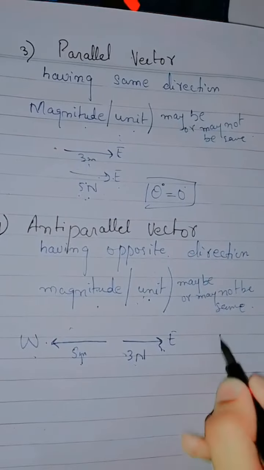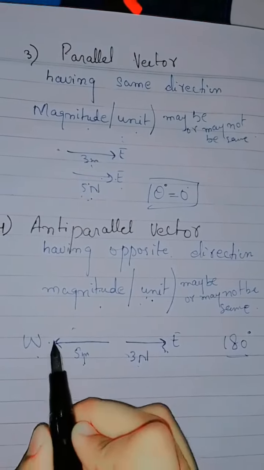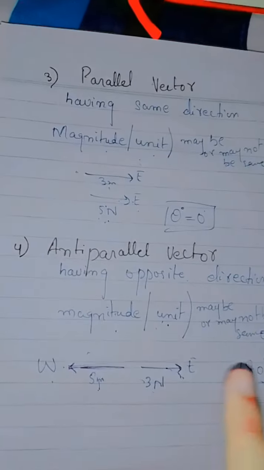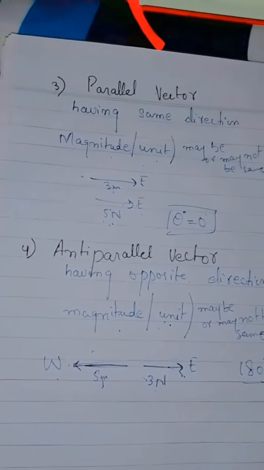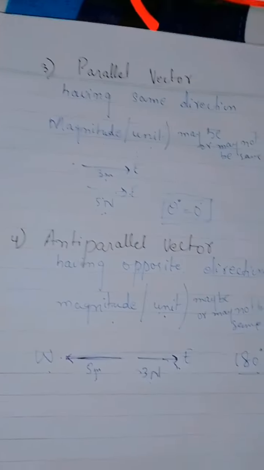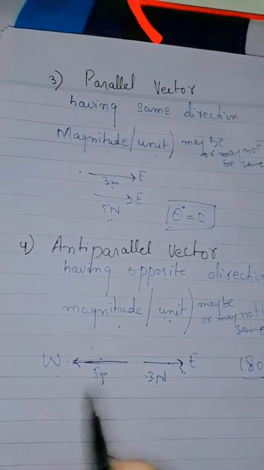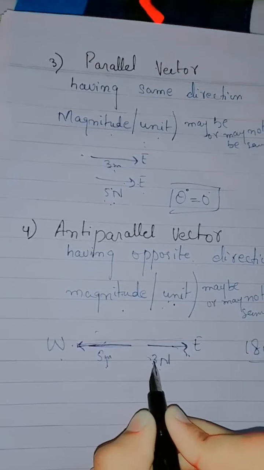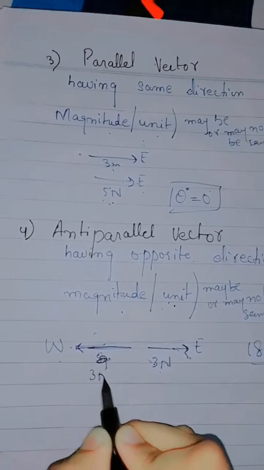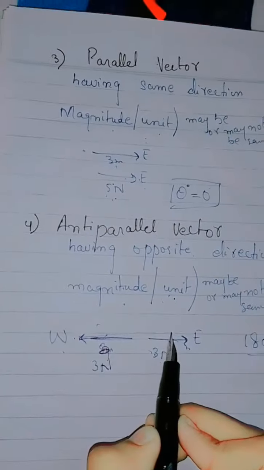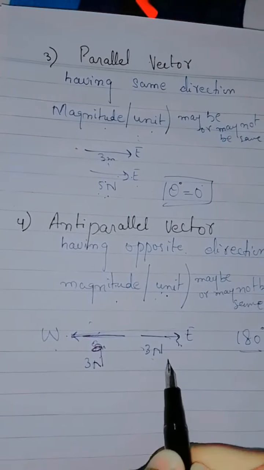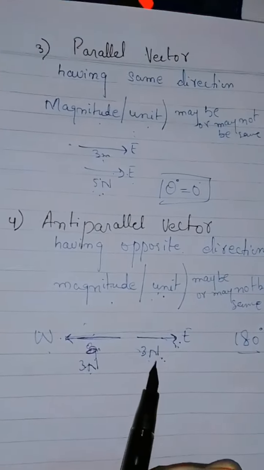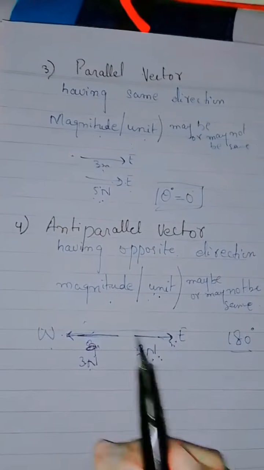Here the angle will be 180 degree. If I say it is 3 Newton and also 3 Newton but with opposite direction, that will be called a negative vector, because in a negative vector we have opposite direction, same magnitude and same unit.